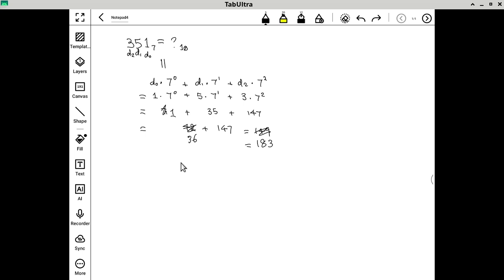Okay. Let me redo the math. I know where I am still correct, which is here. So we're gonna redo it from here. 1 times 7 to the power of 0 is just 1 because 7 to the power of 0 is 1. And then 5 times 7 to the power of 1 is 5 times 7, which is a 35. And then 3 times 7 squared is a 49.